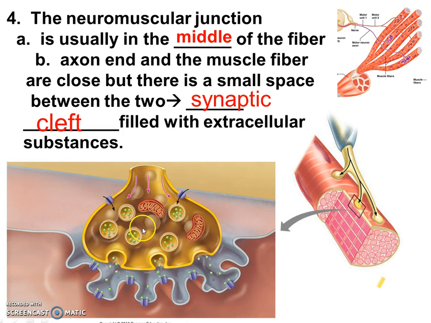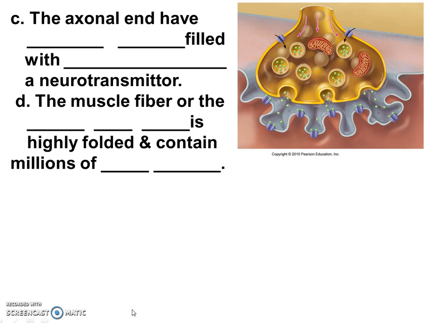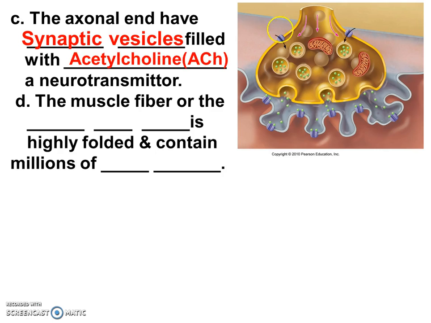This would be the axon terminal of the nerve, and this would be the motor end plate of the muscle. And so we're going to see in a moment how the message gets from the nerve to the muscle. Inside of the axon bulb, there are several synaptic vesicles, and inside the synaptic vesicles there's a neurotransmitter called acetylcholine, and it's shown by these little green balls.